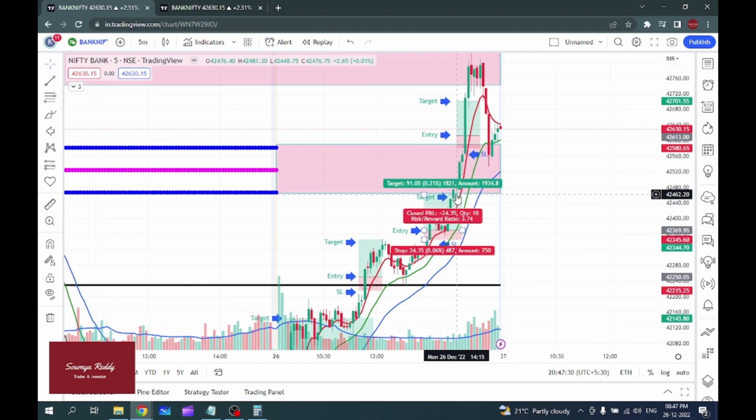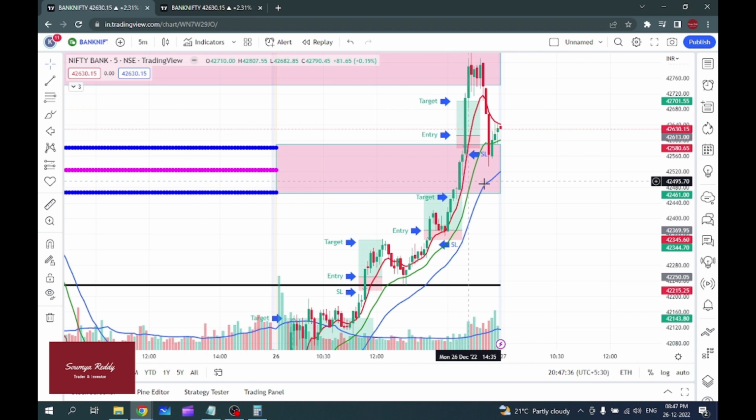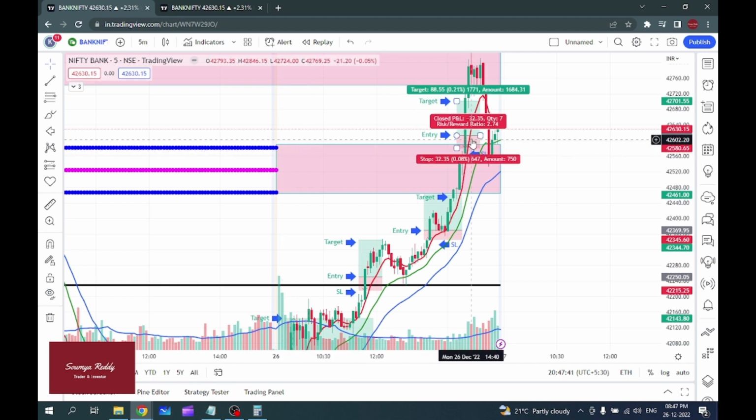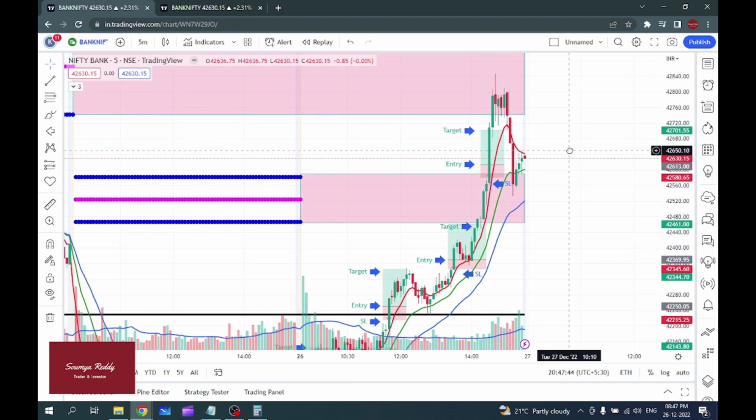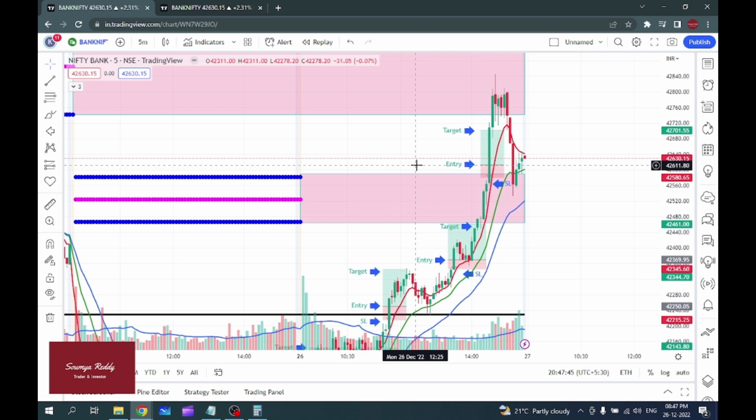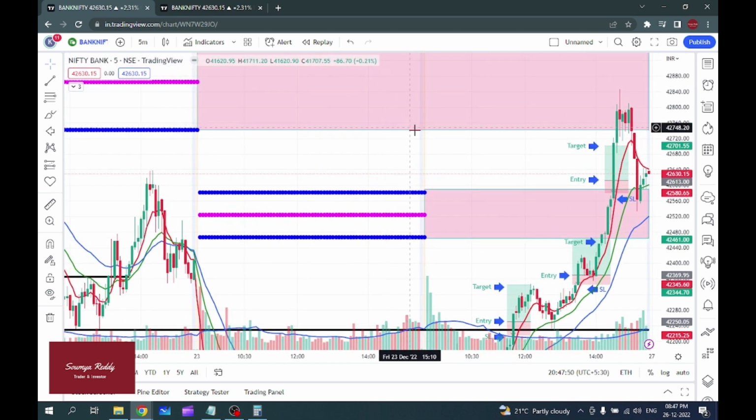I was waiting to see if the market would reverse from here, and if it would give me a signal where the 8 EMA turns down. Otherwise, the market went higher and gave an origin CPR breakout. I was confident that when it gave an origin CPR breakout, it would go and hit the next origin CPR, which is here.